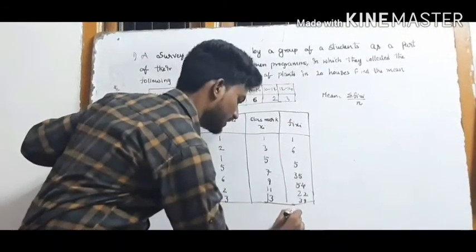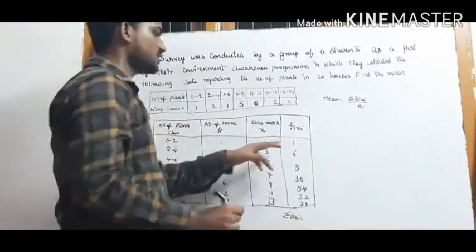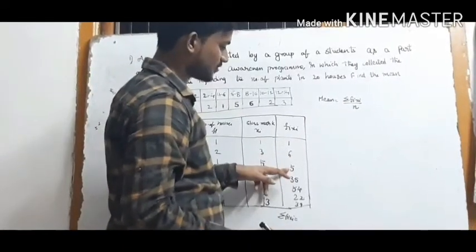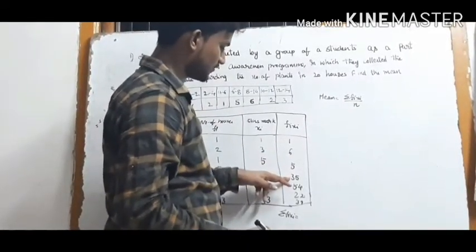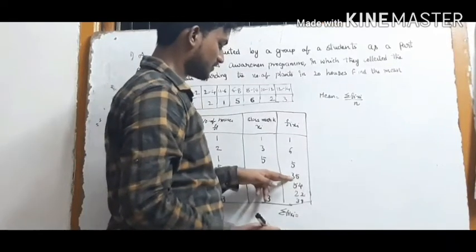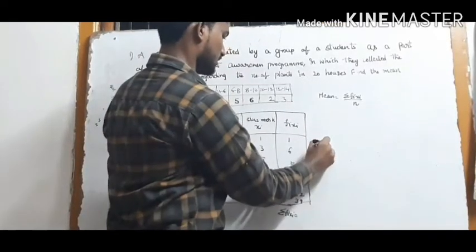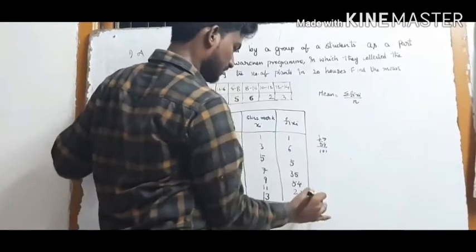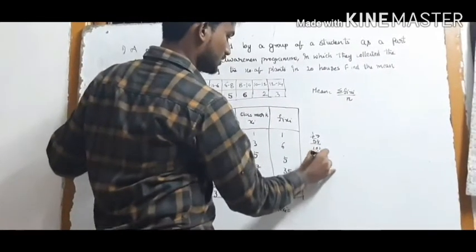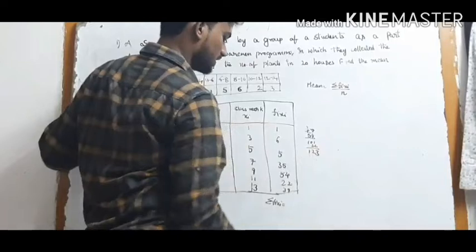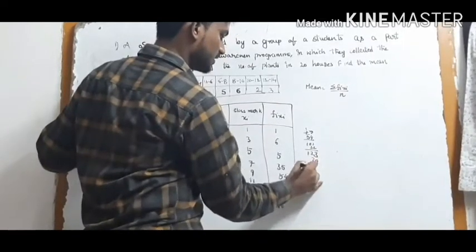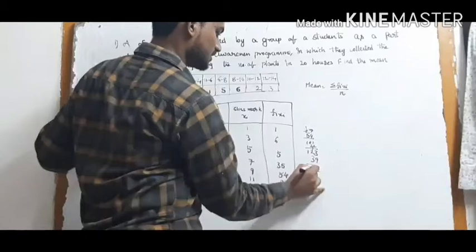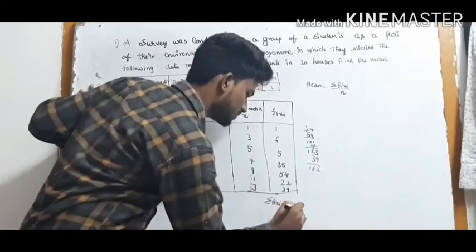Sigma Fi xi is the sum: 1 plus 6 is 7, plus 5 is 12, plus 35 is 47, plus 54 is 101, plus 22 is 123, plus 39 is 162. 162 is the sum of the observations.